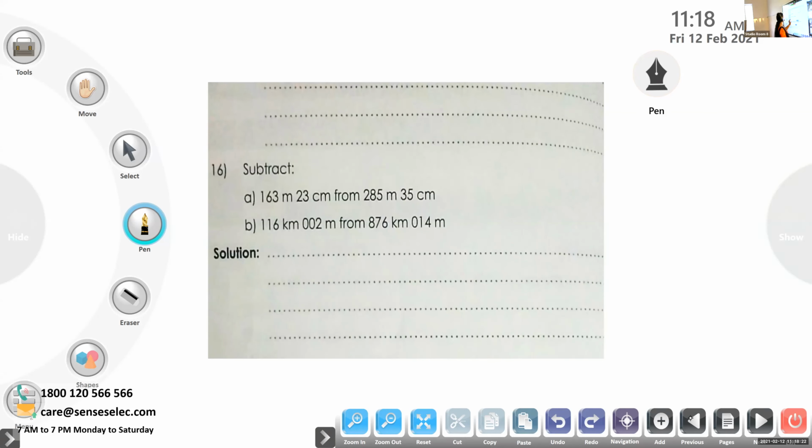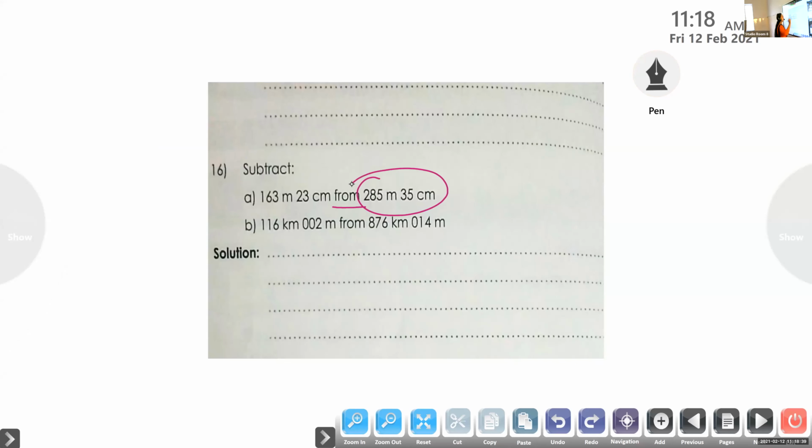We have to write 285 meter 35 centimeter first, because we subtract 163 meter 23 centimeter from it. That is the only difference. So give the heading meter, centimeter, and under meter you can write 285, then 35. And after that 163.